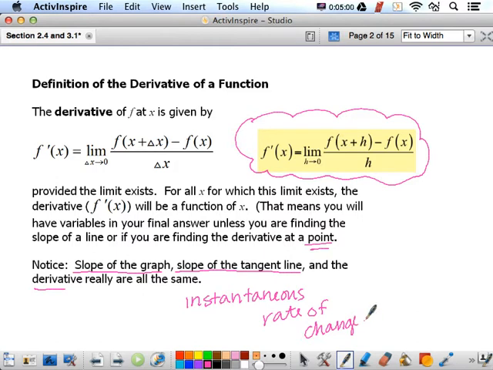When we're talking about things very generically, we typically say derivative, and they oftentimes still have x values left in them. When we're talking more specifically about an application or at a specific point, we usually use other terminology: the slope at the point, the slope of the graph, the slope of the tangent line. But they all are arrived at the same way, and it requires you to know one of these two formulas. And I'm going to use the one with h's instead.